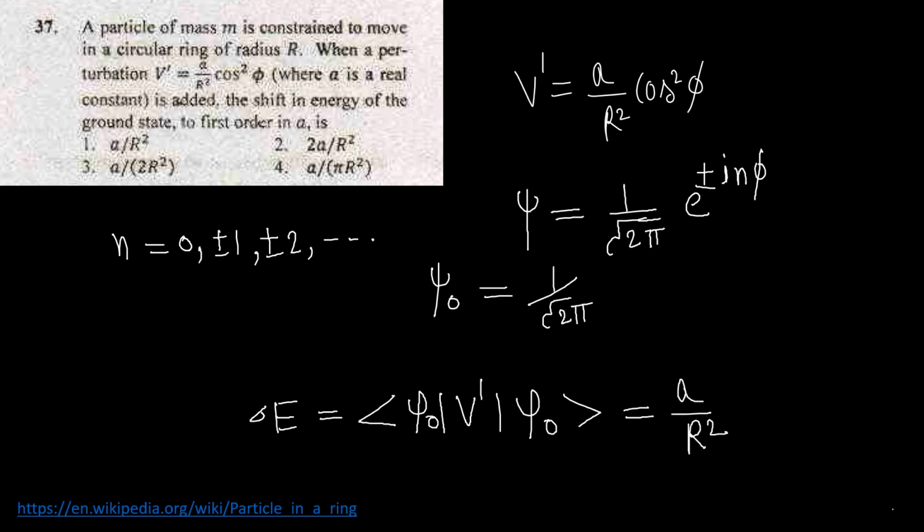And in integral form, we can write this as psi naught star V dash psi naught. So psi naught is a real quantity, 1 upon root 2 pi. It will become the square of it, 1 upon 2 pi, integration limit 0 to 2 pi, cos square phi d phi.